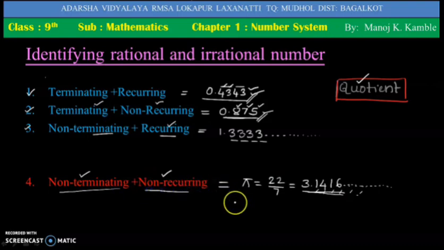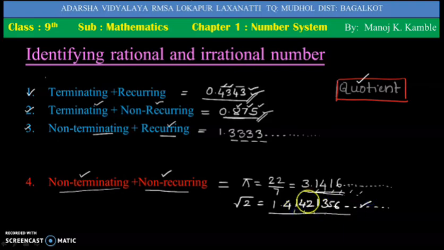Another example, root 2, whose value is 1.4142135 6 dash dash dash. Once again this decimal expansion is non-terminating and non-recurring because it is not ending and not repeating.